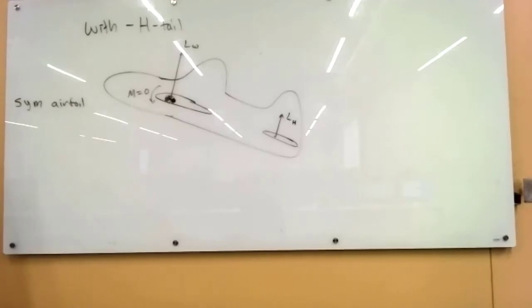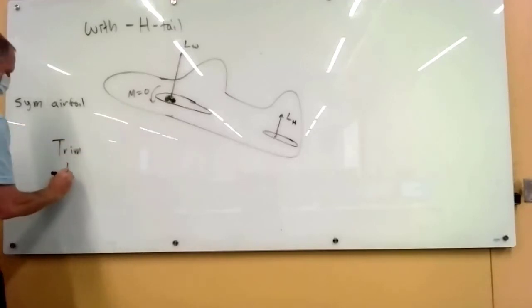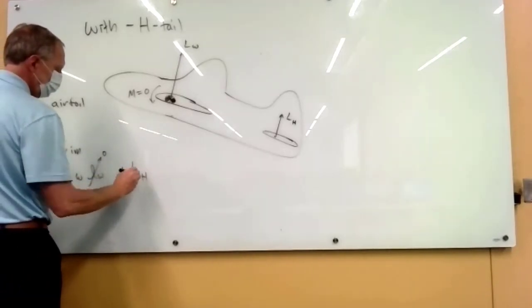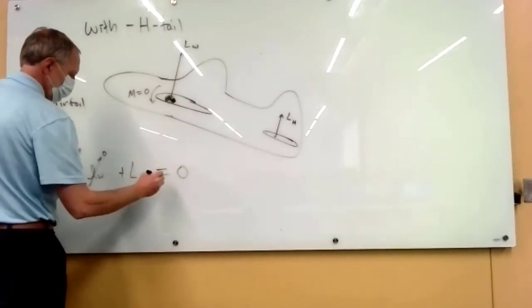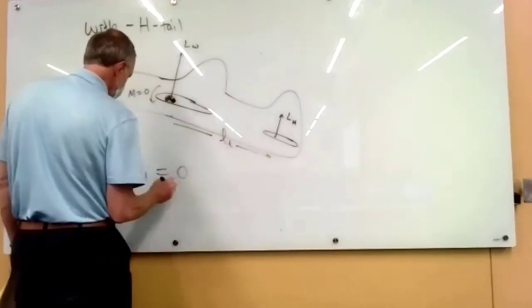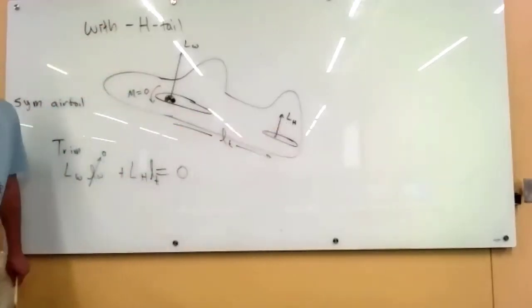And so this is easy to trim because the moment arm is zero. And so all we have to do is adjust the horizontal tail lift times its moment arm to zero, and we're trimmed.